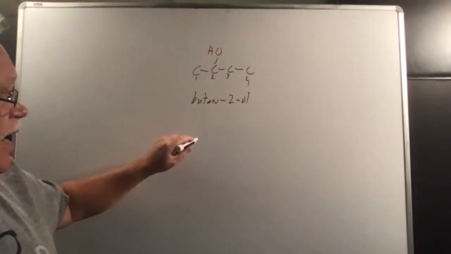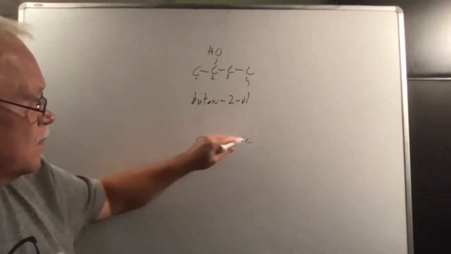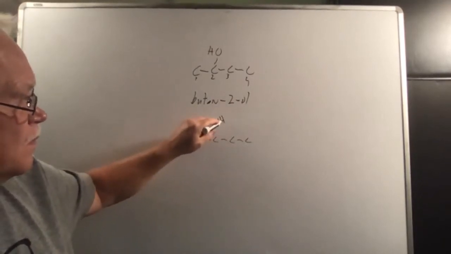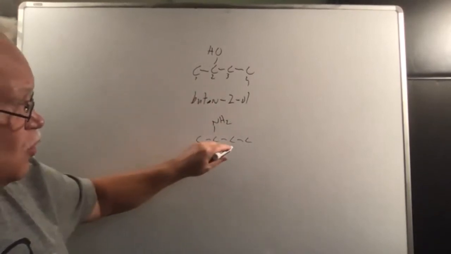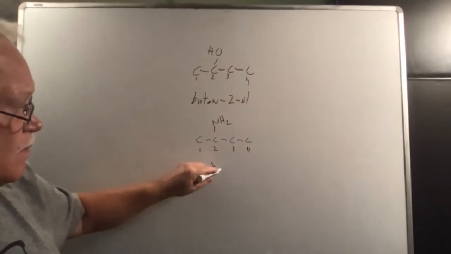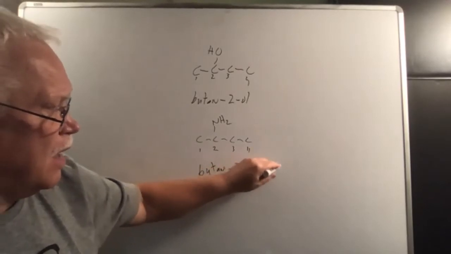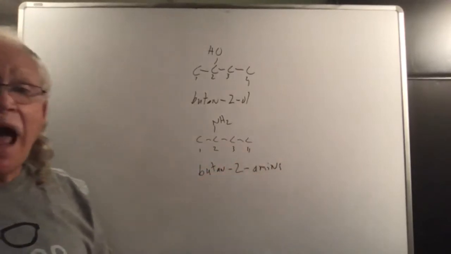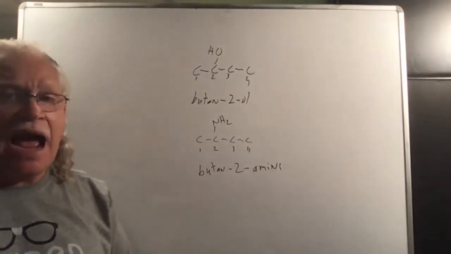We're going to say again 1, 2, 3, 4. We're going to say butane 2-amine. So the IUPAC method does the same thing as the alcohols.